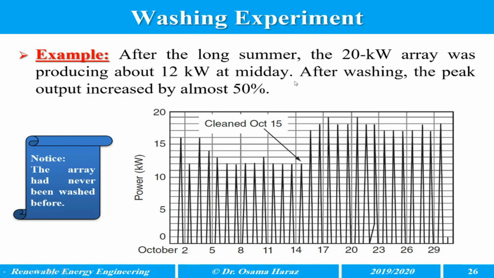Why? Because there is a large amount of dust, as it was not washed before. After washing, the peak output increased by almost 50%. So this experiment shows the effect of washing the PV panel on the amount of collected power.